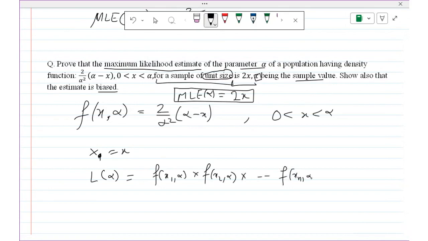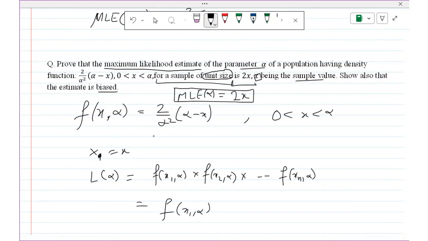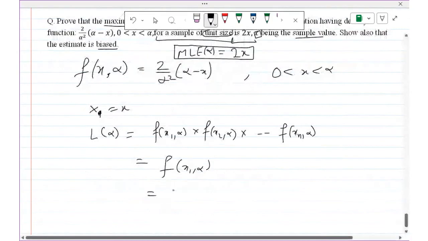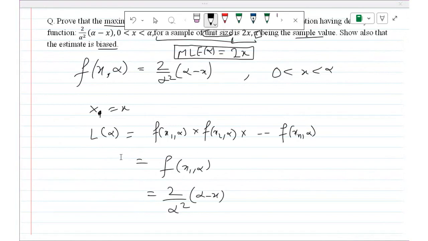But now there is only one value, x1, so we take only one function, f of x1 comma alpha, and that x1 is equal to x. So you don't need to put anything; the likelihood function 2 upon alpha square into alpha minus x is given directly in this question.